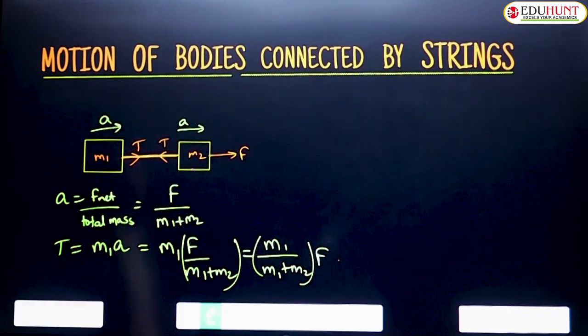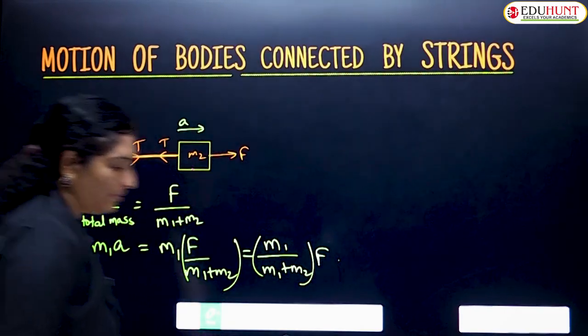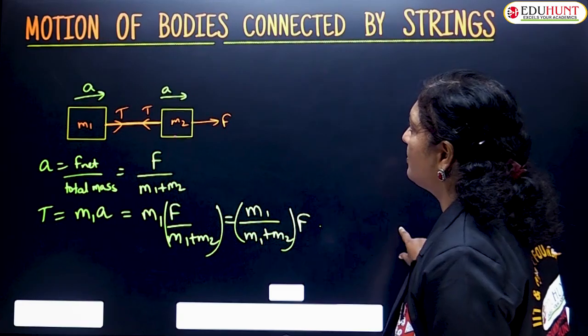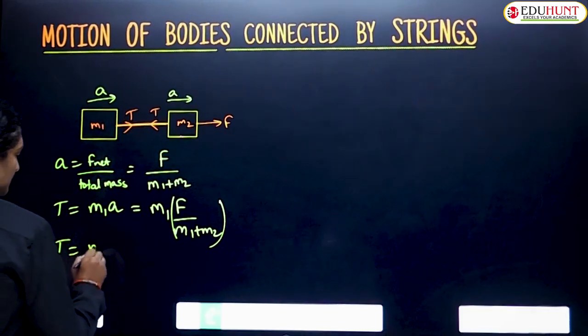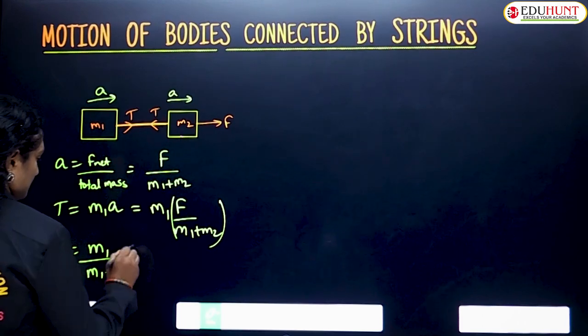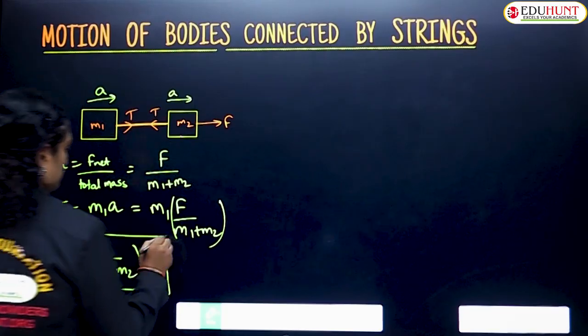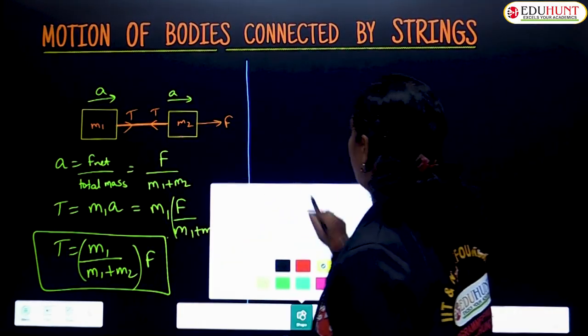That's it, children. Similarly, you can solve the same if three bodies are connected together with the help of strings. Let us take an example of three bodies connected with strings.